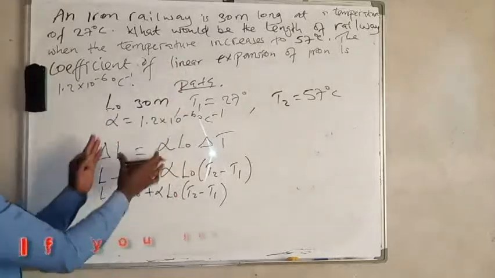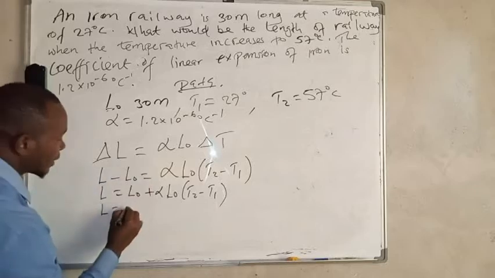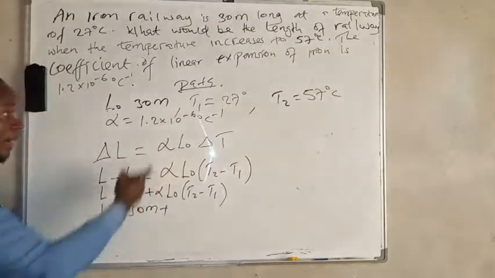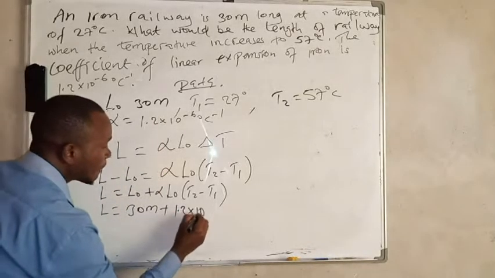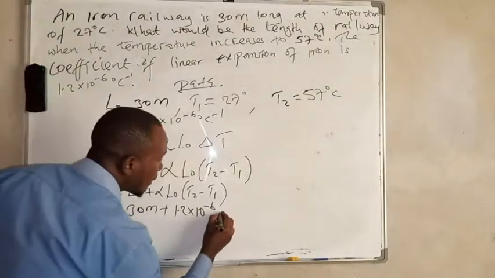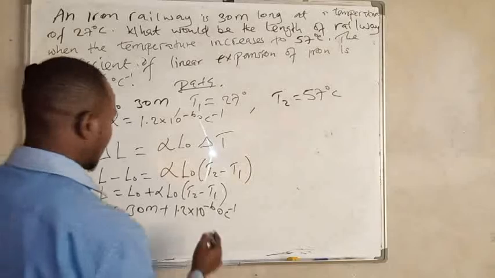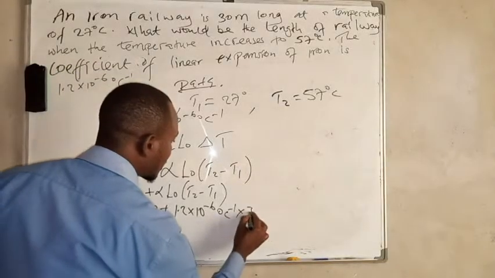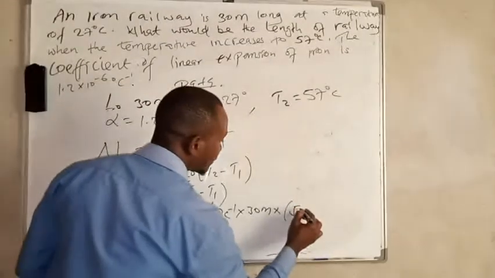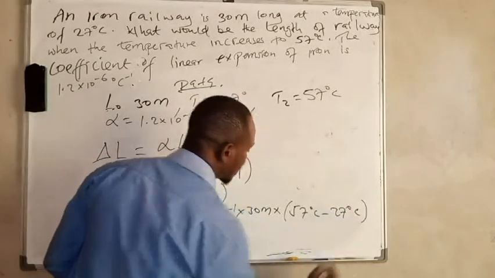So plugging in these values in this equation, what we are going to have is L is equal to 30 meters plus the coefficient of linear expansion, which is 1.2 times 10 to the power negative 6 per degrees Celsius, times the original length of 30, times the change in temperature, which is 57 degrees Celsius minus 27 degrees Celsius.